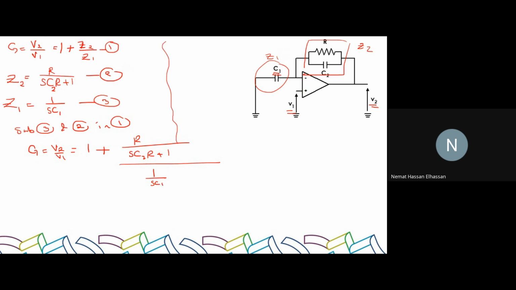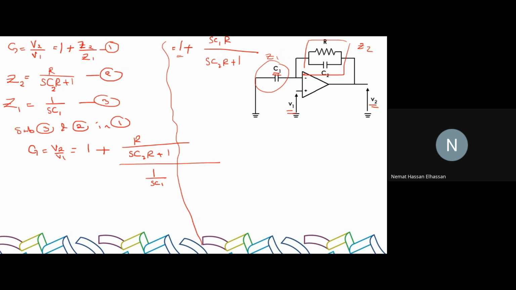Okay, let's simplify it. It becomes 1 plus R divided by SC2R plus 1, all divided by 1 over SC1, which equals SC1R divided by SC2R plus 1, right?